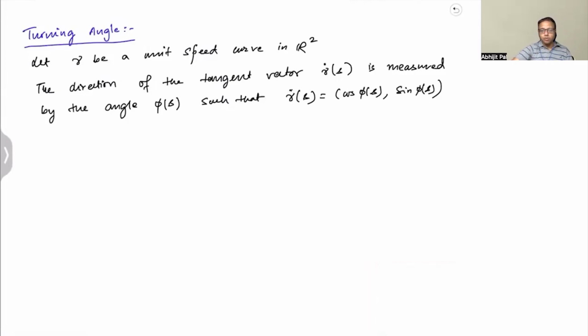Okay, so before defining this turning angle, let us see a proposition.